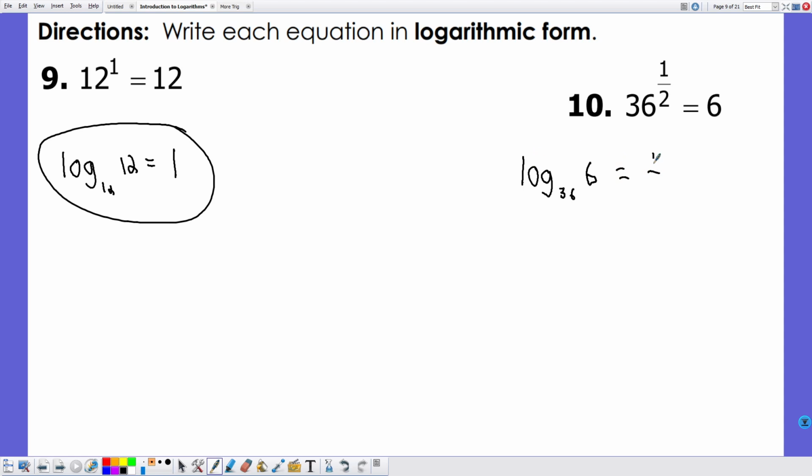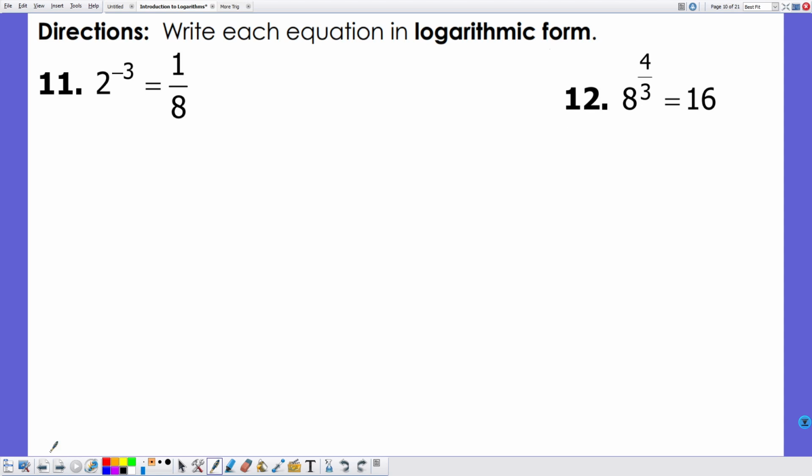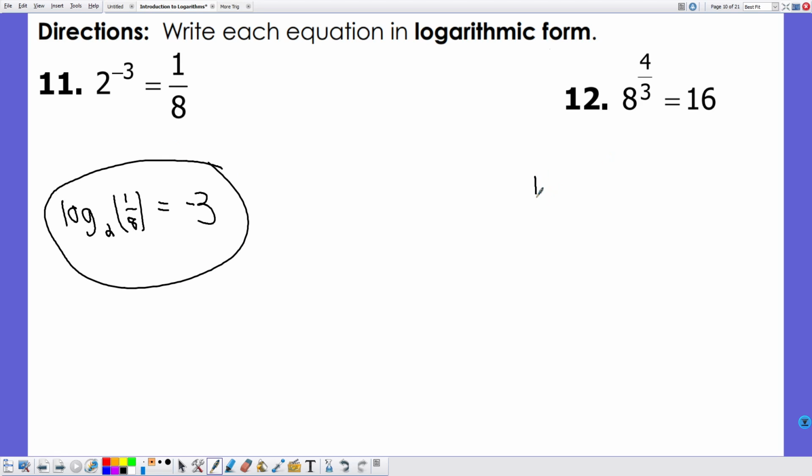Well, 36 to the 1/2 power would be 6. Continuing, log base 2 of 1 over 8. Sometimes we want to put parentheses to make sure we're not misreading any of our values. That's equal to negative 3. Log base 8 of 16 is equal to 4 over 3.